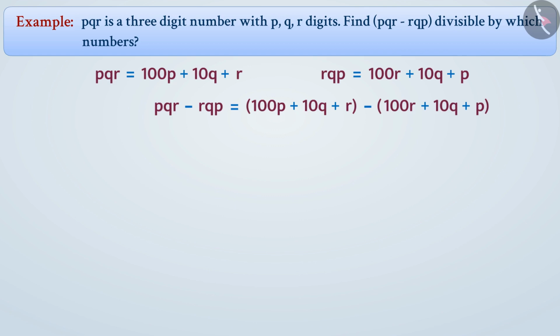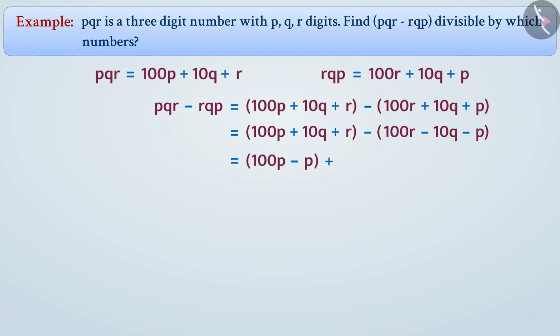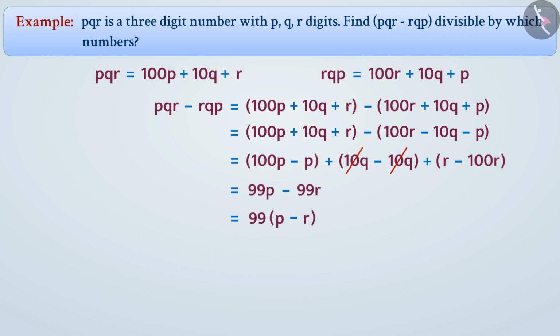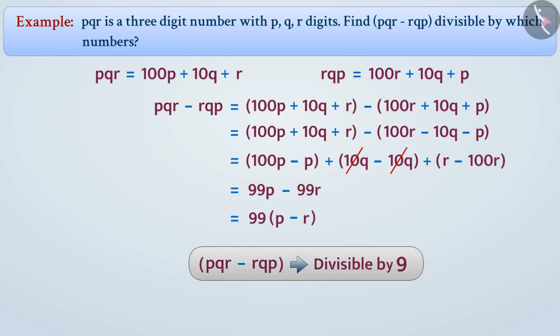From this, we will get PQR minus RQP is equal to 100P minus P plus 10Q minus 10Q plus R minus 100R, which is equal to 99P minus 99R, which is equal to 99 into bracket P minus R. In this way, we can say that PQR minus RQP will be divisible by 99.